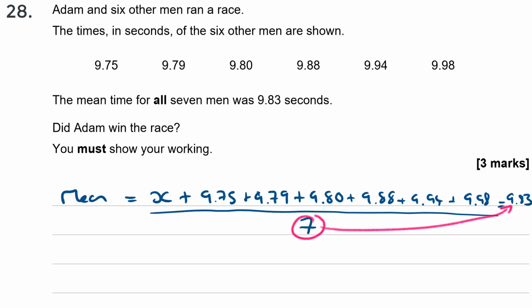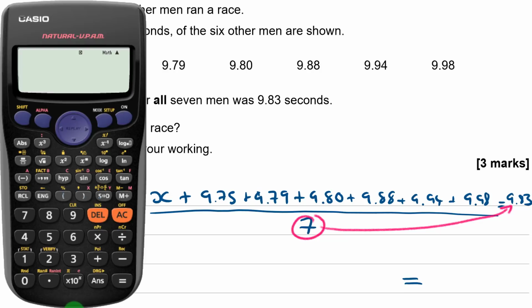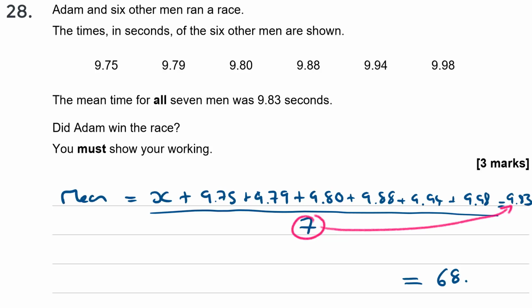that is equal to 68.81. So I'm going to write 68.81 this side, and then on the other side, I've got x plus all those other 6 times.